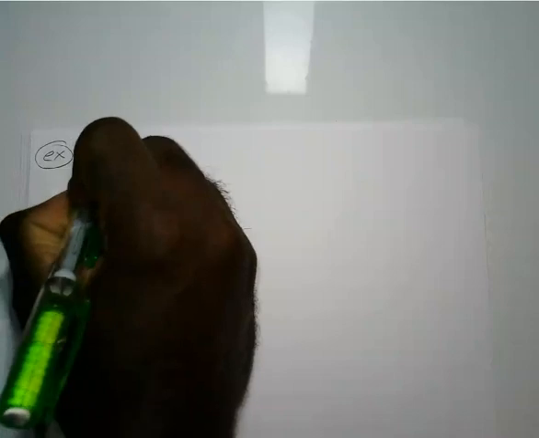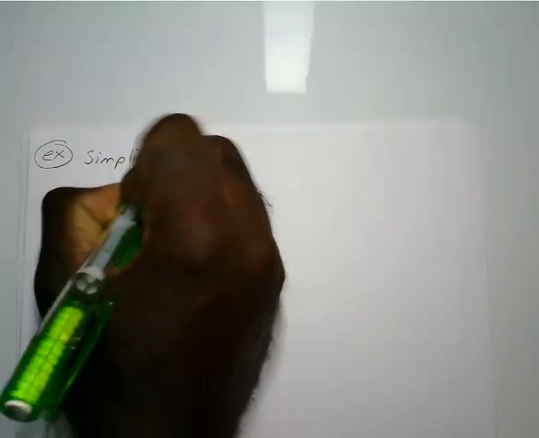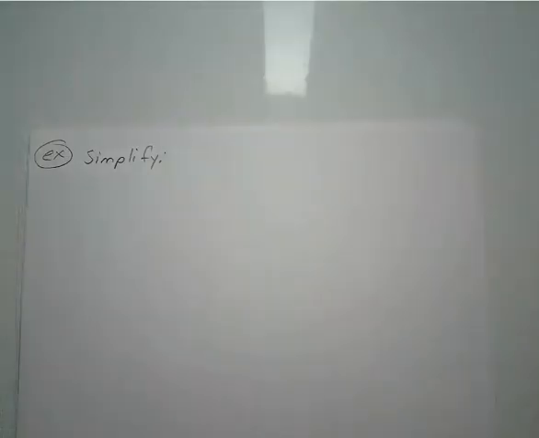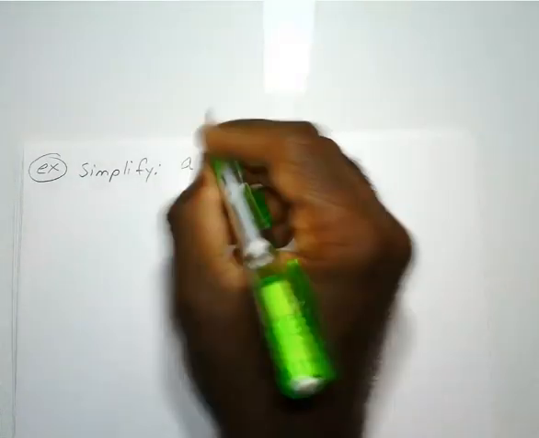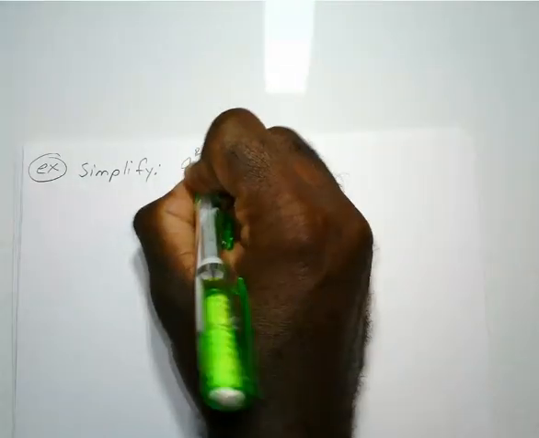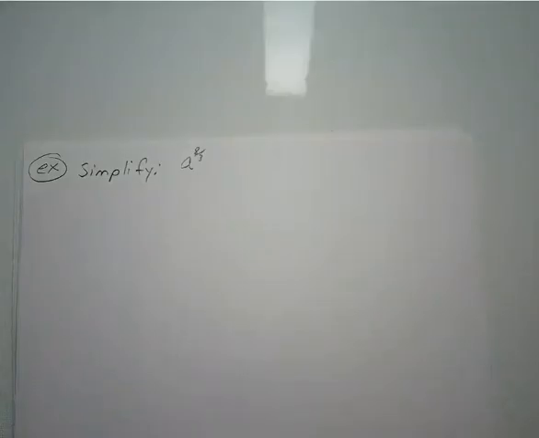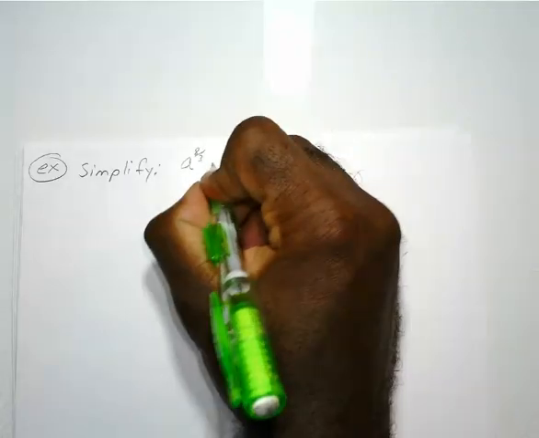Let's say we wanted to simplify a to the 8/3 power times a to the 1/3 power divided by a squared.